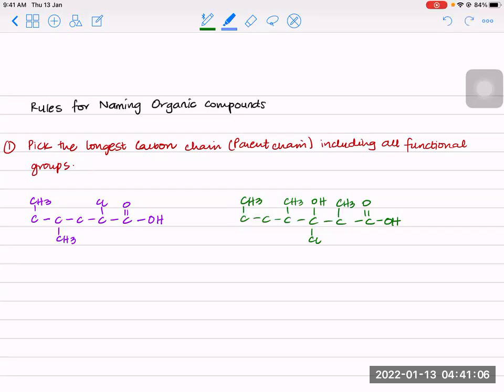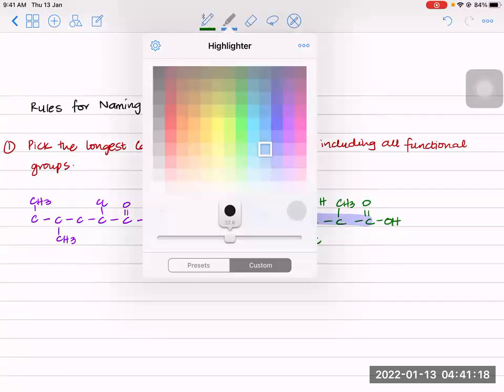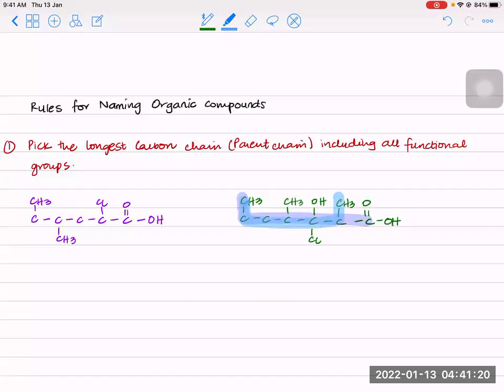Now, 1, 2, 3, 4, 5, 6, 7. Now you have two ways where you're getting a 7. You're getting a longest chain of 7 this way, and you're getting another one this way. Which one will you pick? Your parent chain must include all functional groups. So you can't pick this one because this is not including the acid.